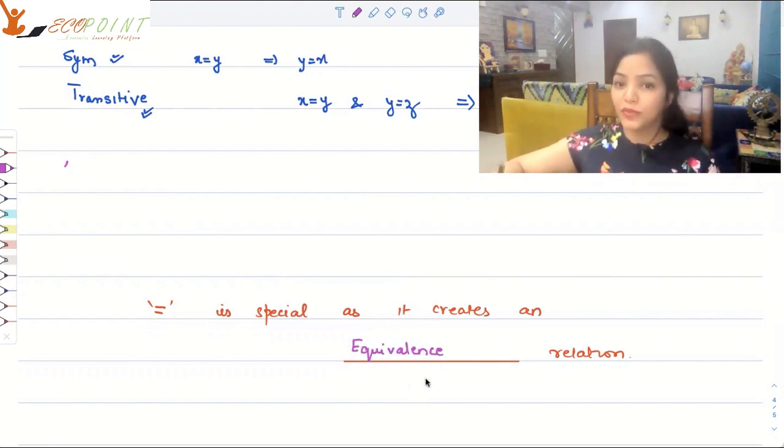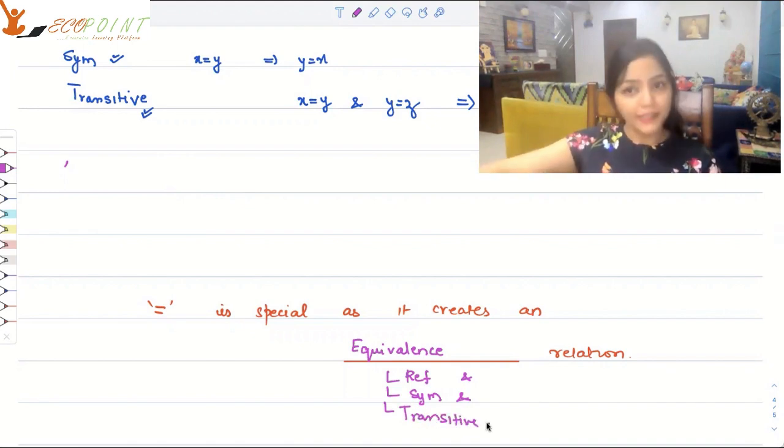What is an equivalence relation? A relation which is all 3. That is, it is reflexive and symmetric and transitive. A relation which is satisfying all the 3 properties is called an equivalence relation. And that's what equal to is creating.